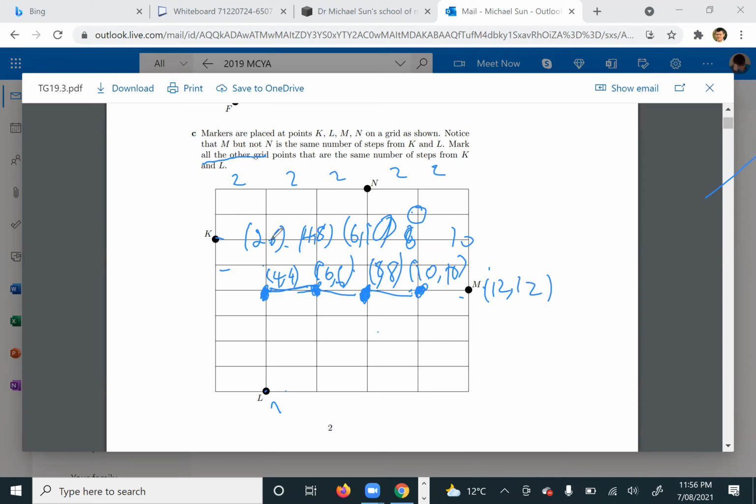So this difference of 4 cannot be caught up.